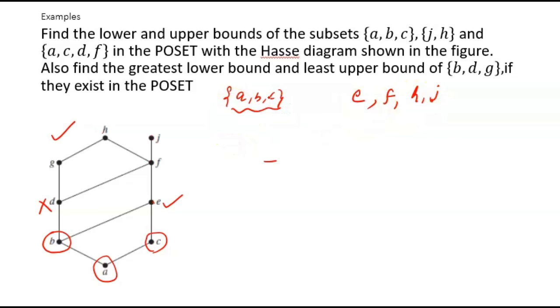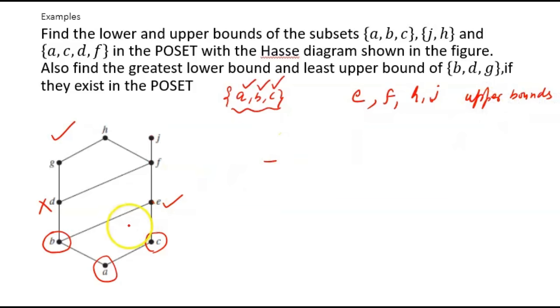Did you notice that when we are talking about the upper bound of a subset of the POSET, we are looking at all those elements which are greater than or equal to each element of the subset? That means greater than or equal to A, greater than or equal to B and greater than or equal to C. So these are the upper bounds.